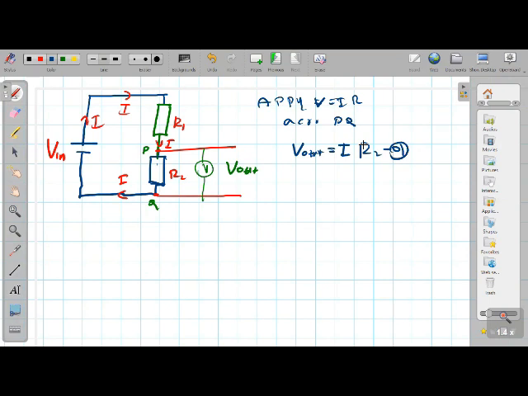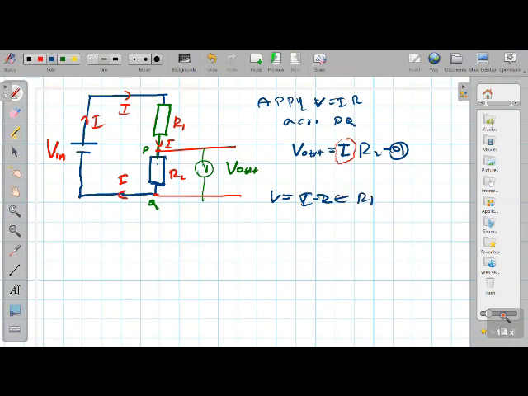Okay, we have to find out somehow what this I is. I know that this is R2. How do we find I? According to Kirchhoff's rule or whatever the rule, I can again apply V equals IR. What is this R?